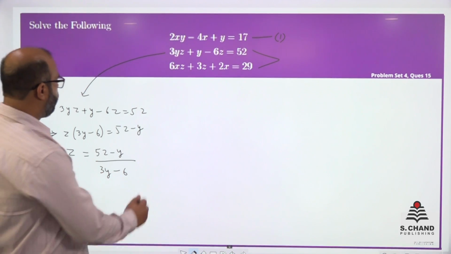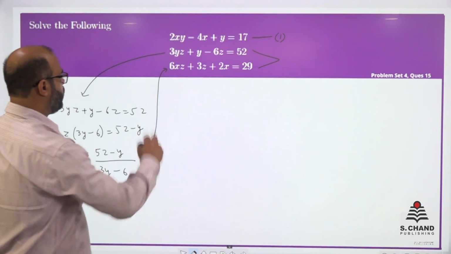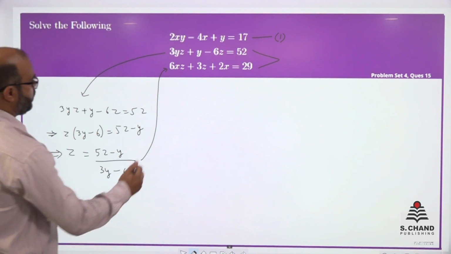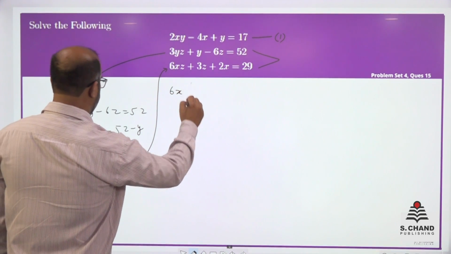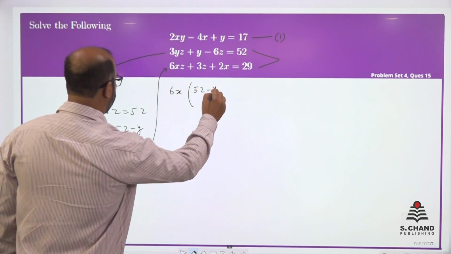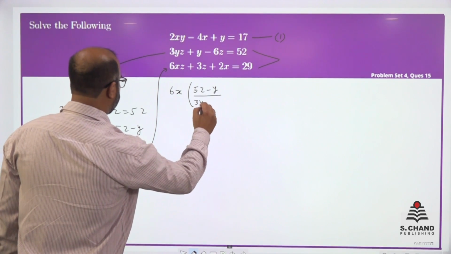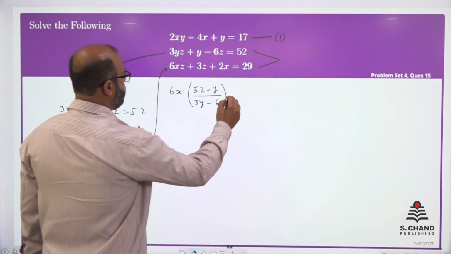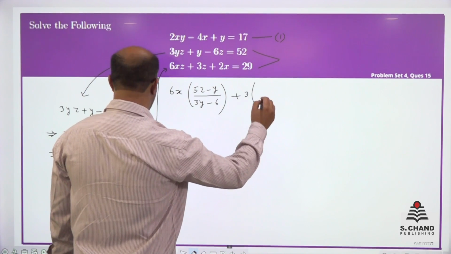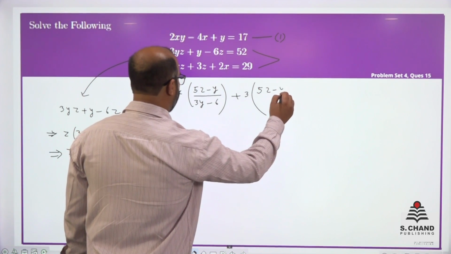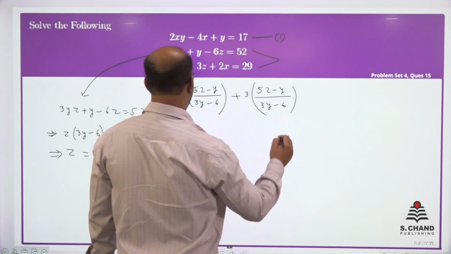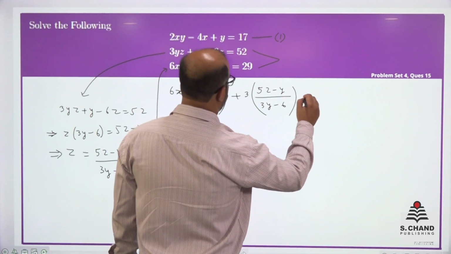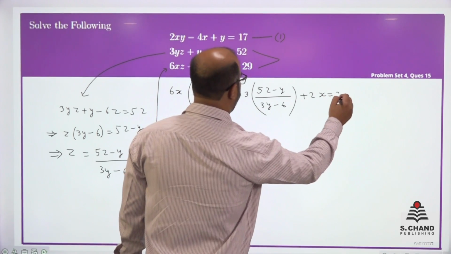Now, this z I am going to put into this third equation. So, what will happen? 6x into 52 minus y upon 3y minus 6 plus 3z, that is 52 minus y upon 3y minus 6 into plus 2x is equal to 29.